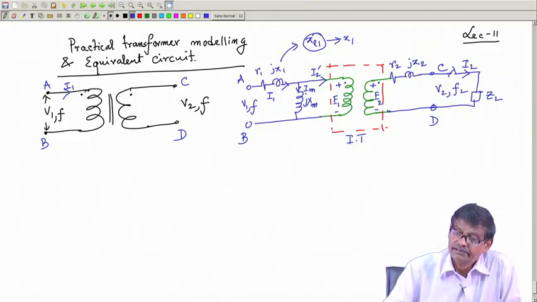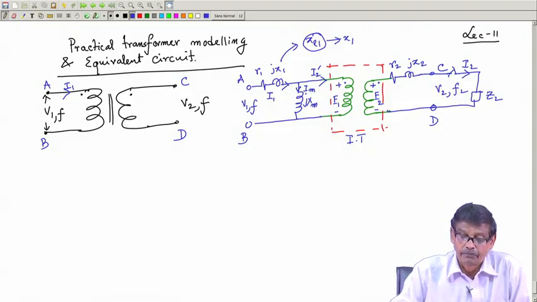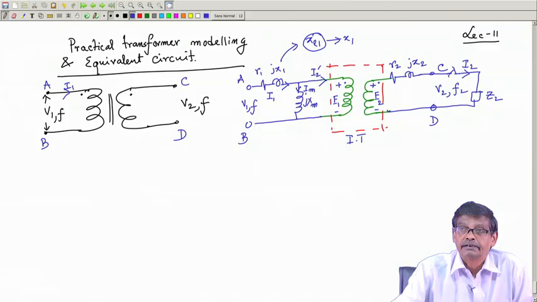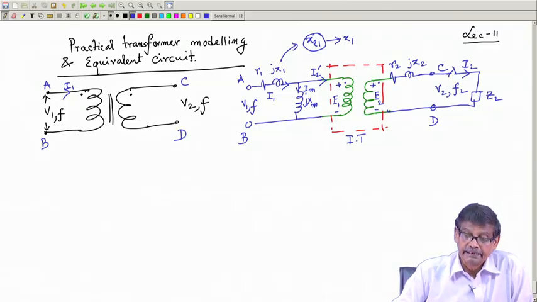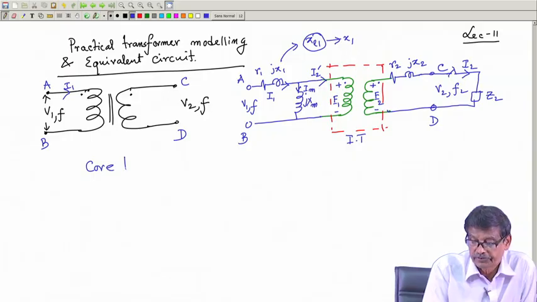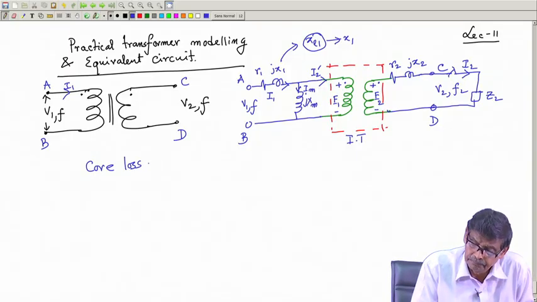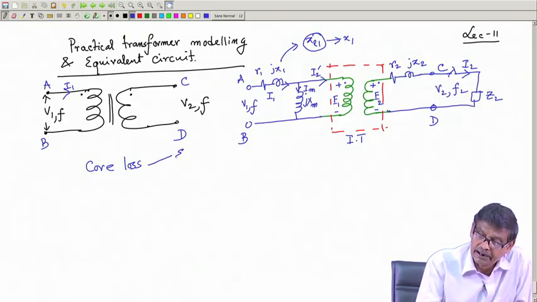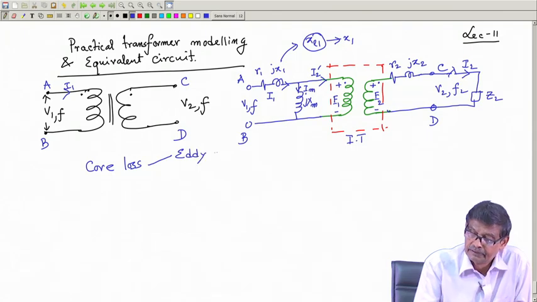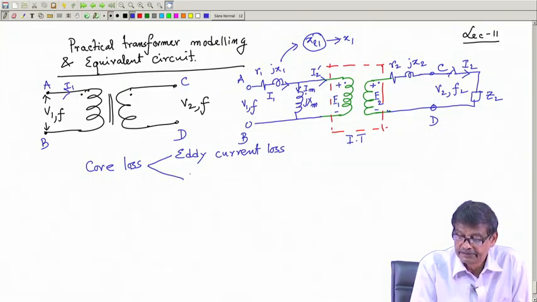Now, only one thing is left which exists in a practical transformer, but we have not taken note of it. That is called the core loss. Core loss has two components. One is called eddy current loss, and the other is called hysteresis loss.